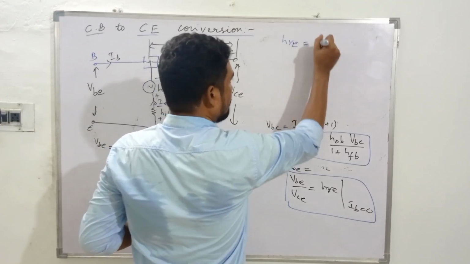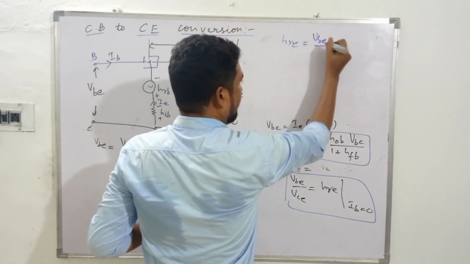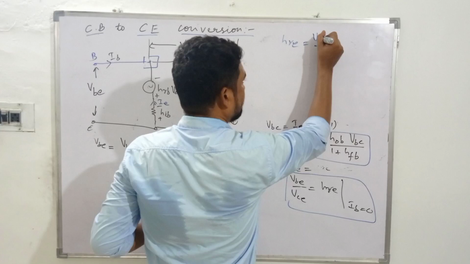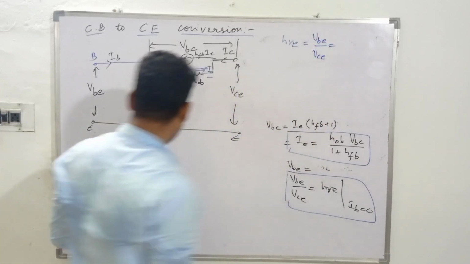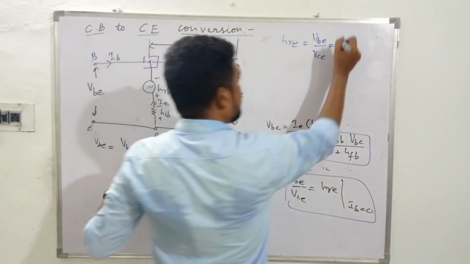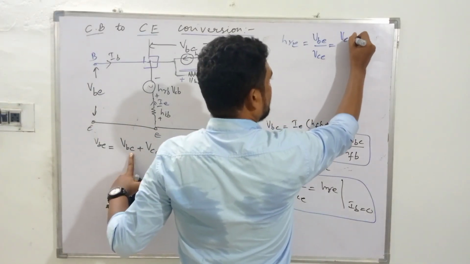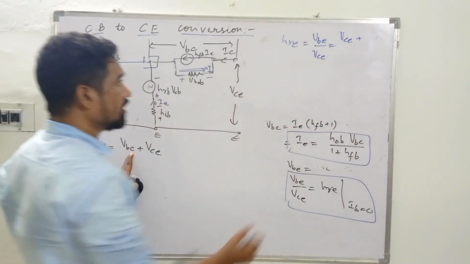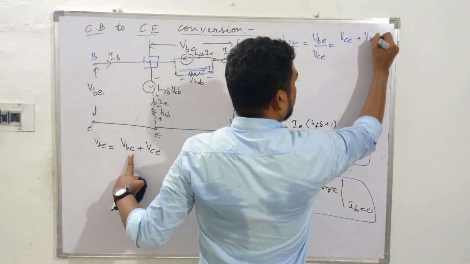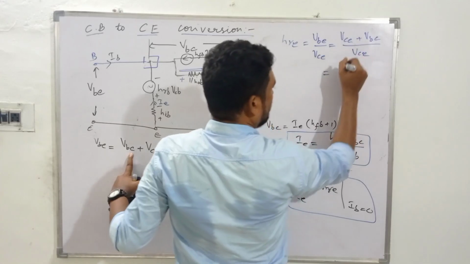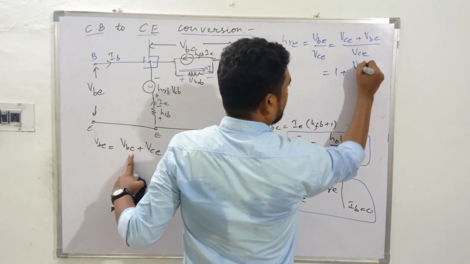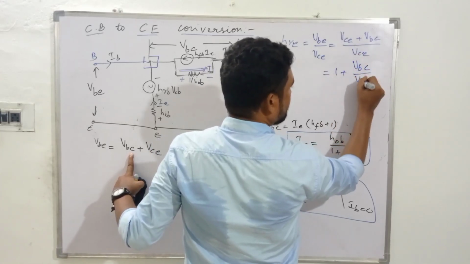which is equal to VBE by VCE, and VBE we have this one, which is VCE plus VBC upon VCE, which is equal to 1 plus VBC by VCE.